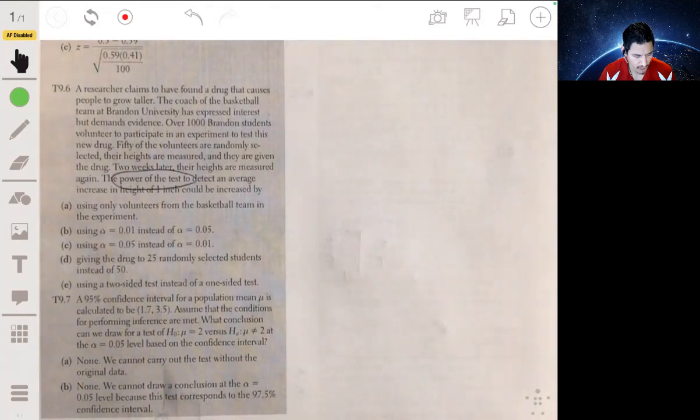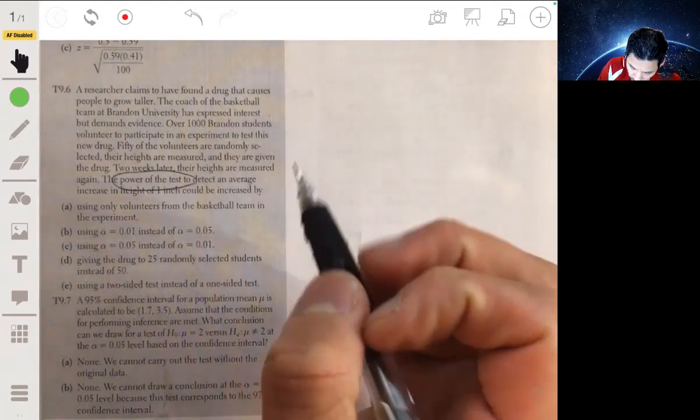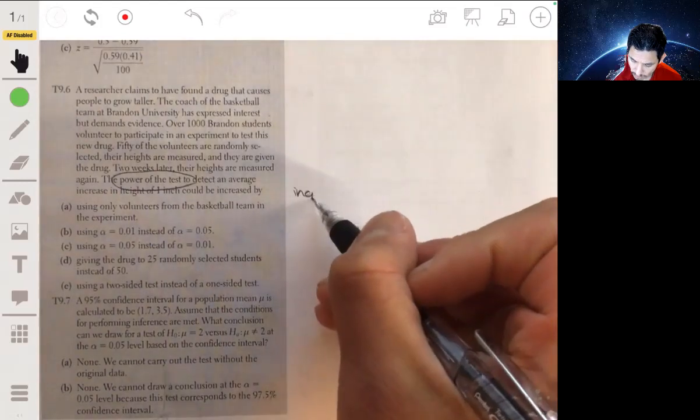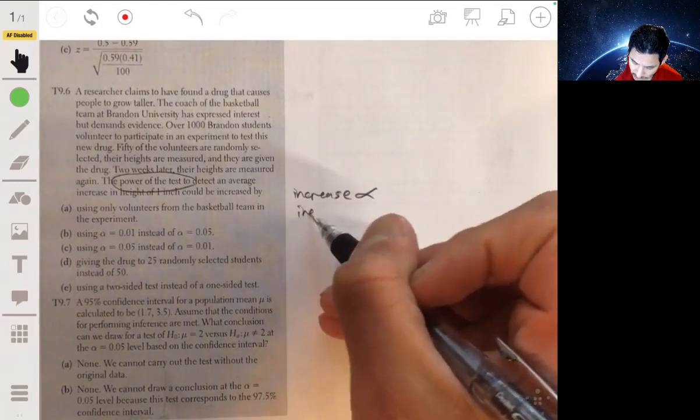The other thing to remember is that since your alpha level is the probability that you reject the null hypothesis, you want to increase your probability of rejecting the null hypothesis. So if you increase your alpha level, that would increase your power. So increase alpha, increase sample size.